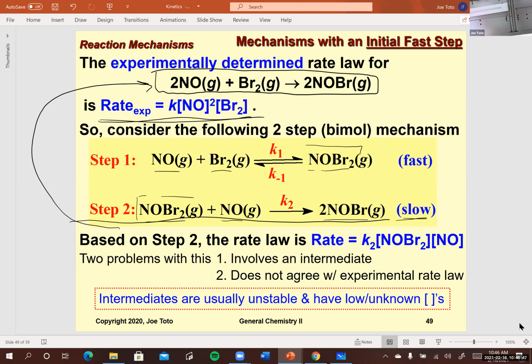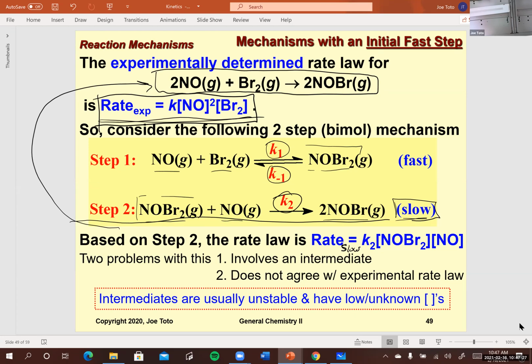In other words, since this is slow, these rate constants are going to be bigger than this one. Anyway, we identify the slow step, and the rate law based off of that slow step is right here, slow. At first glance, it doesn't look like this experimentally determined rate law.